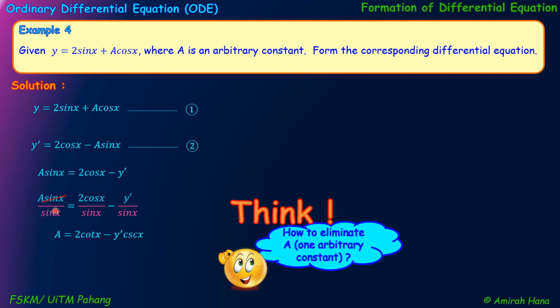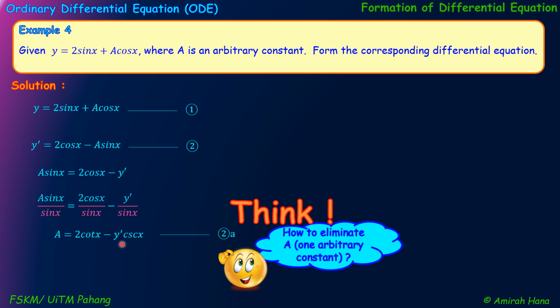From here, sin x over sin x equals 1, so we simplify sin x in the numerator and sin x in the denominator, so we only have a here. And then cos x over sin x equals cot x. And then 1 over sin x equals cosec x from the reciprocal function.